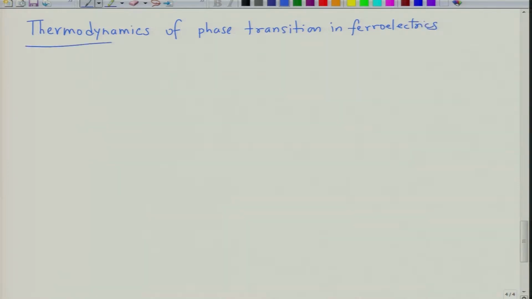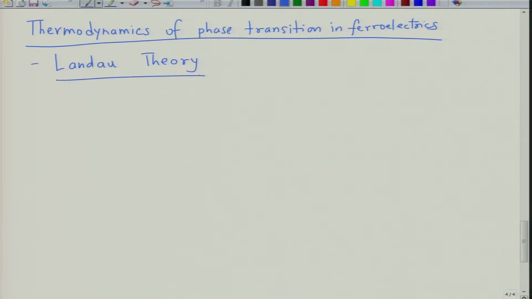Today we will look at the thermodynamics of phase transition in ferroelectric material. So, this relies on what we call Landau theory.